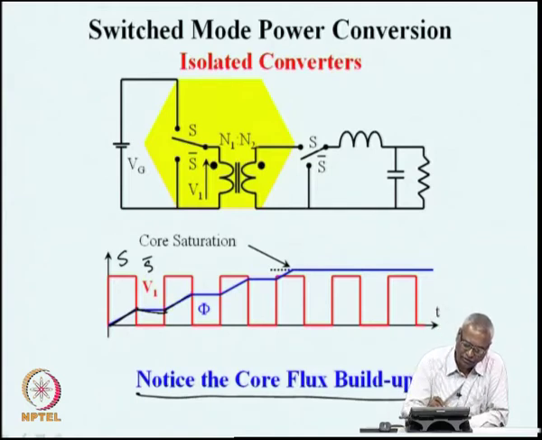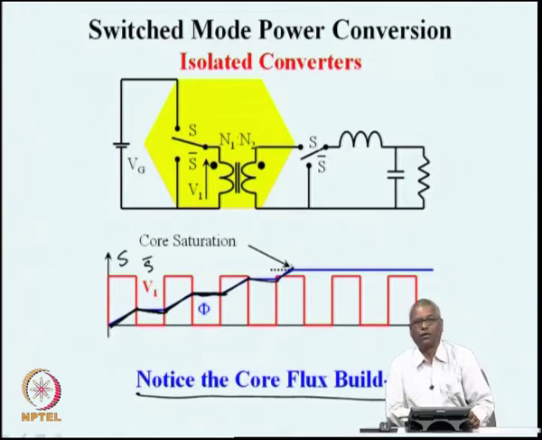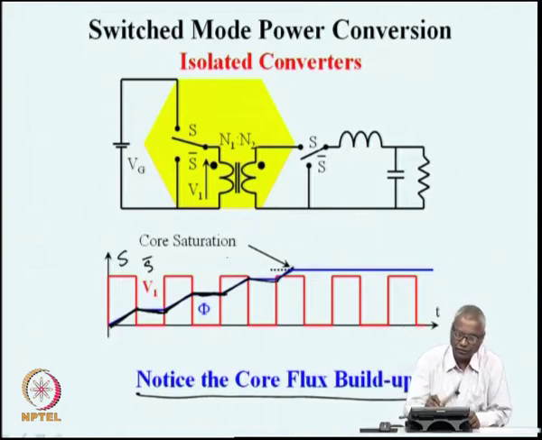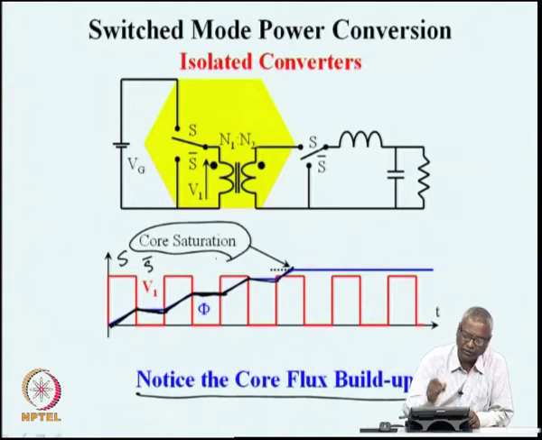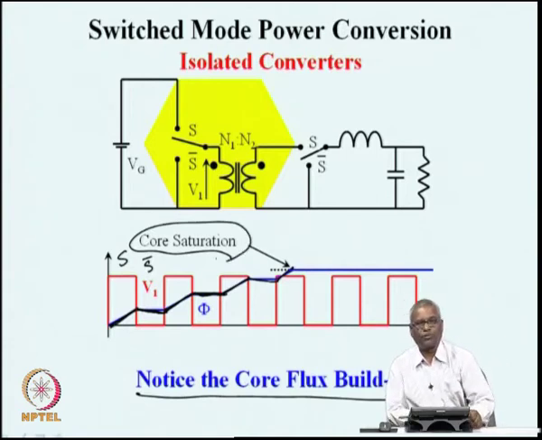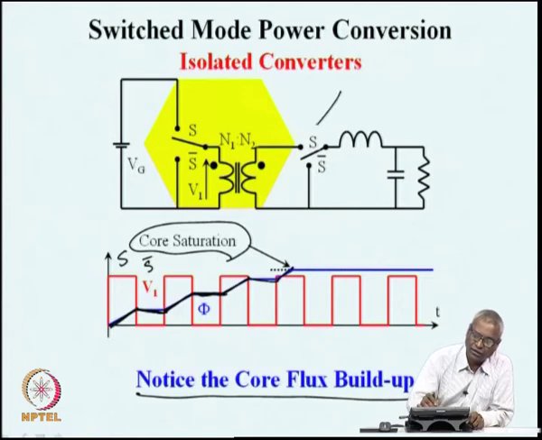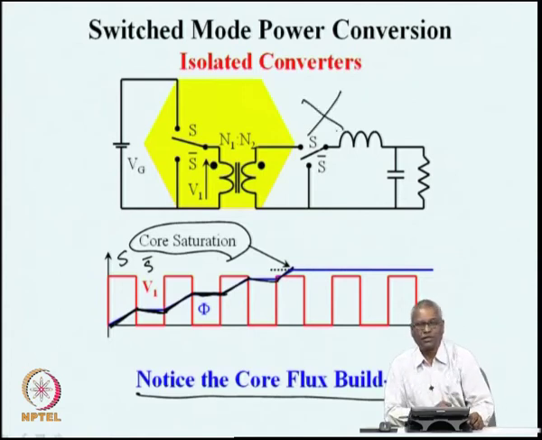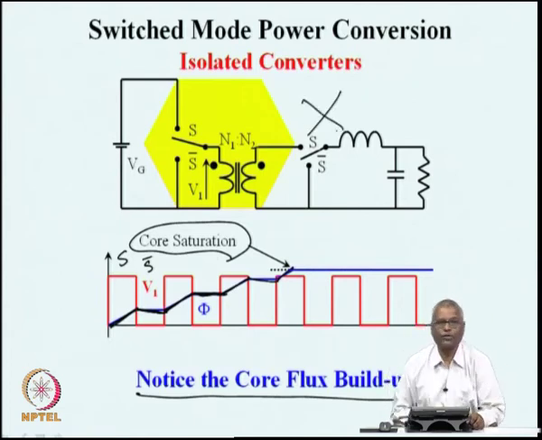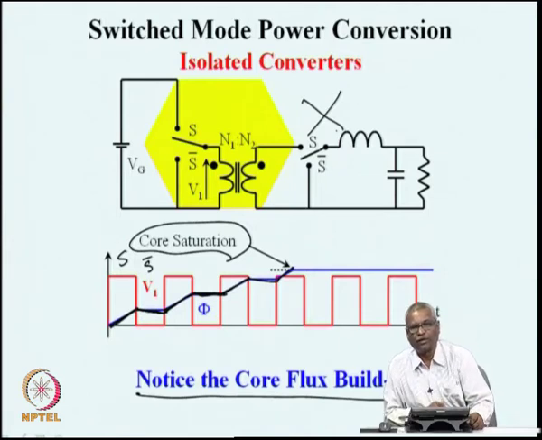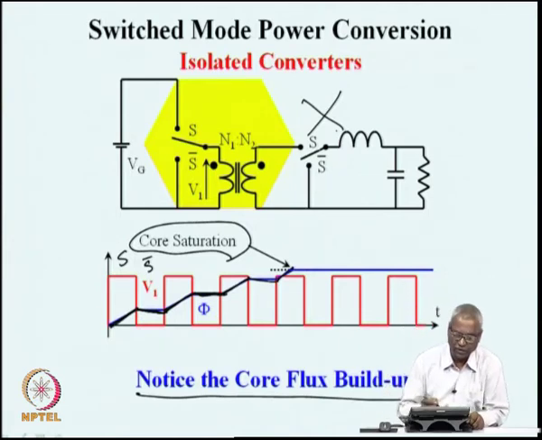Next cycle the flux again builds up, and in the off period it remains constant, and it is very easy to see that over several cycles the flux will reach a higher level where it will saturate. Core saturation is certain to take place, and so this type of operation is not permitted. Simply taking these switches and introducing a transformer will not provide us the isolation feature.